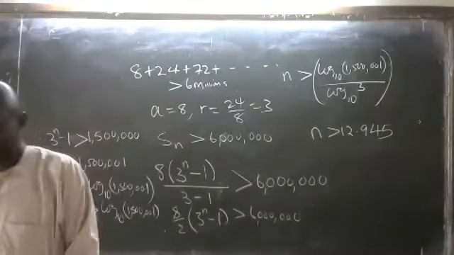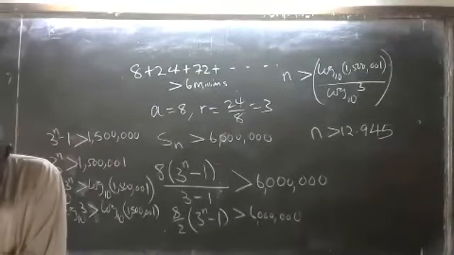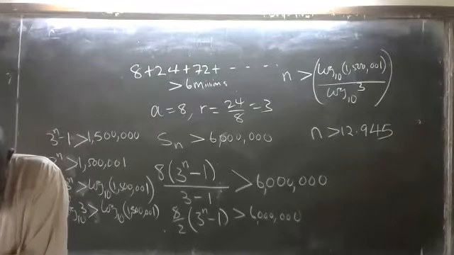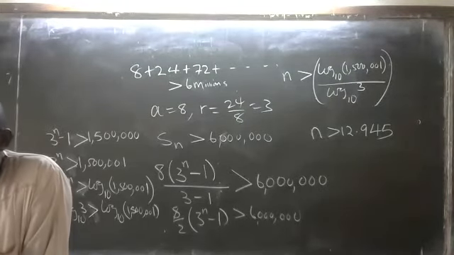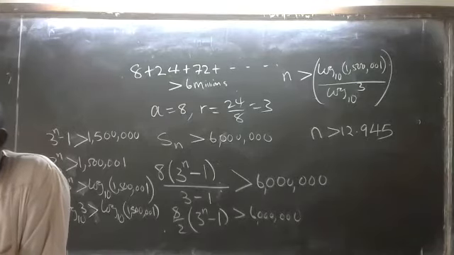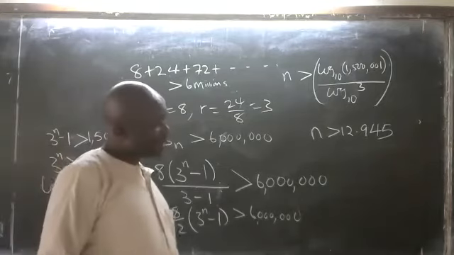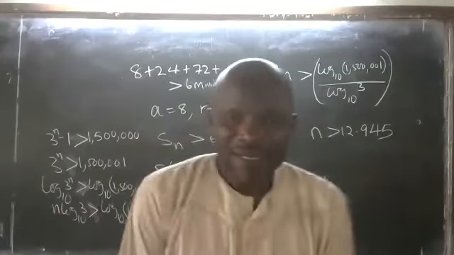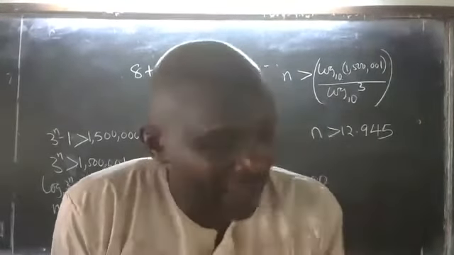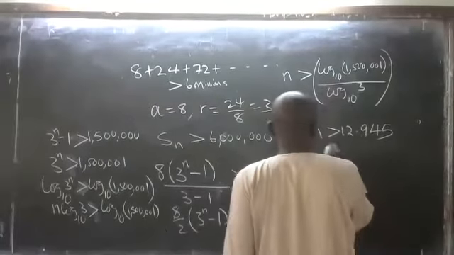So what would be that term? Since N must be greater than that, the smallest term, because the term cannot have a fraction. What is the smallest term there? 13. Yes, 13.